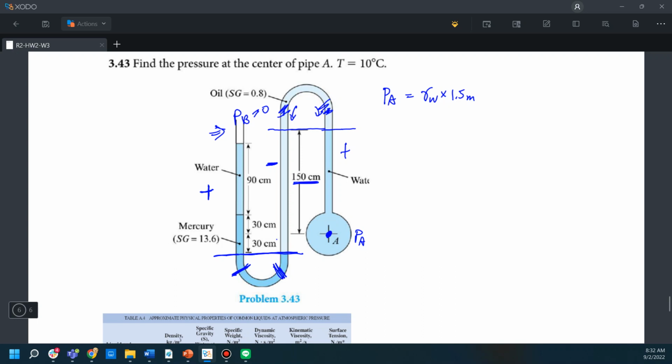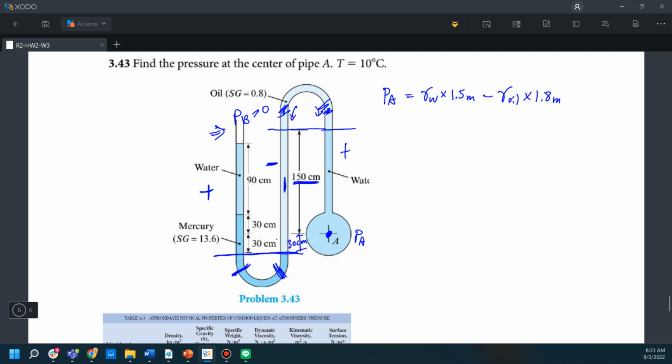And when we move to the middle tube, it provides a negative force, so it's minus gamma, and now it's oil. The liquid in the middle tube is oil, so gamma oil times the length, which is 150 plus 30 centimeter. So it's 180 centimeter, that is 1.8 meter.